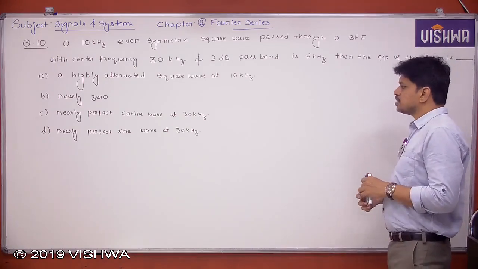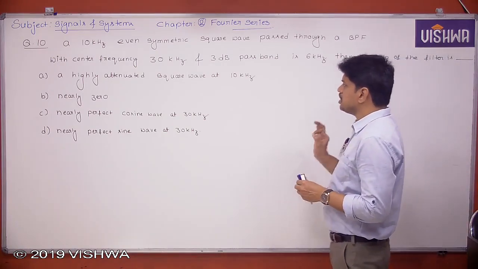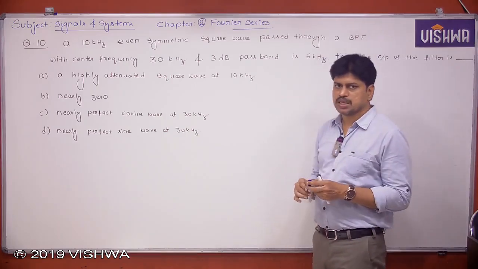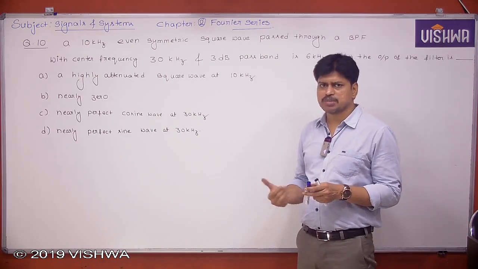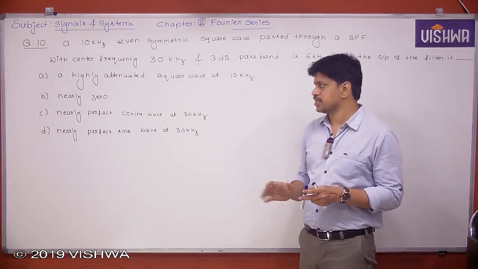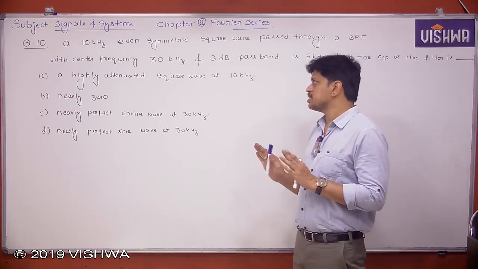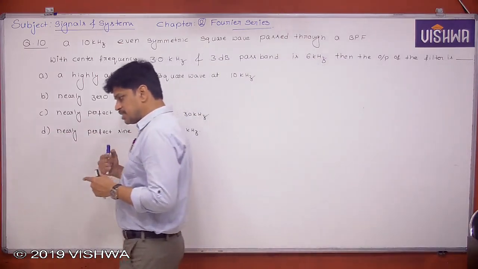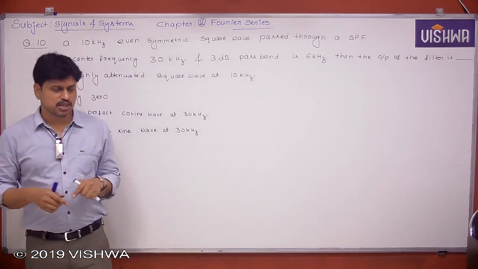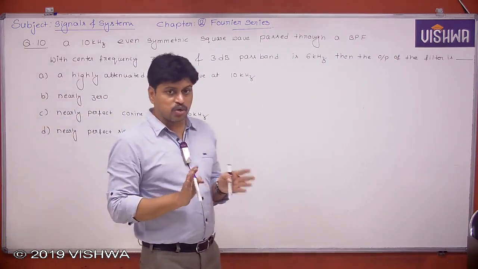First try to understand the even symmetric square wave. Even symmetric square wave may have hidden symmetry or half wave symmetry, we don't know exactly. But definitely it is even symmetry, and inside it has a half wave symmetry. So it is having odd cosine terms.